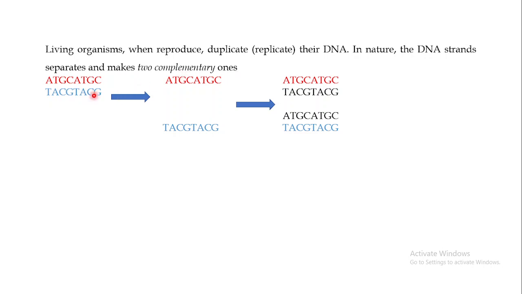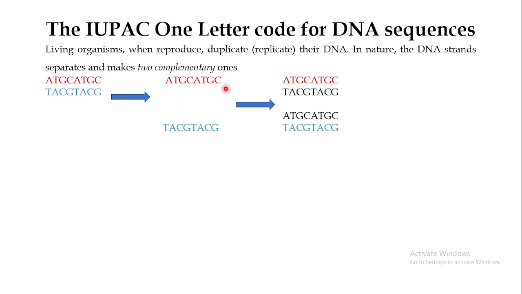If this is the double-stranded DNA, the red is one strand and the blue is the other strand. During replication, these two strands are going to separate from each other, and utilizing the machinery of DNA replication, they are going to make the new strand from themselves. That means that from one copy of the DNA, you are going to make two copies of the DNA, and that is following the complementarity of the DNA.